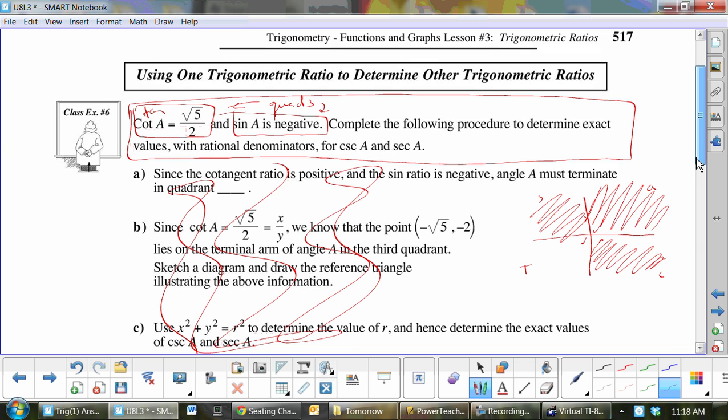Okay? Now, by looking at this, cotan A equals root 5 over 2, what do I know? So I just draw the same triangle every time. I don't really care about the angle. So I'm drawing this triangle. Tell me what I know. My x and my y values. What is my x value?